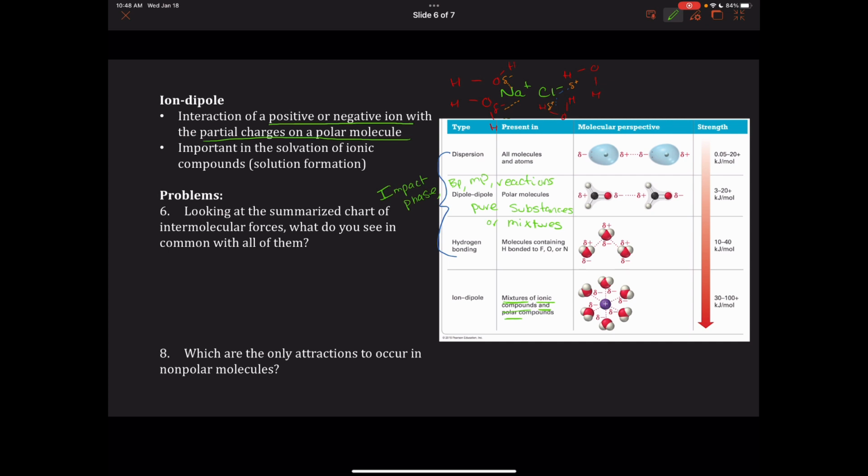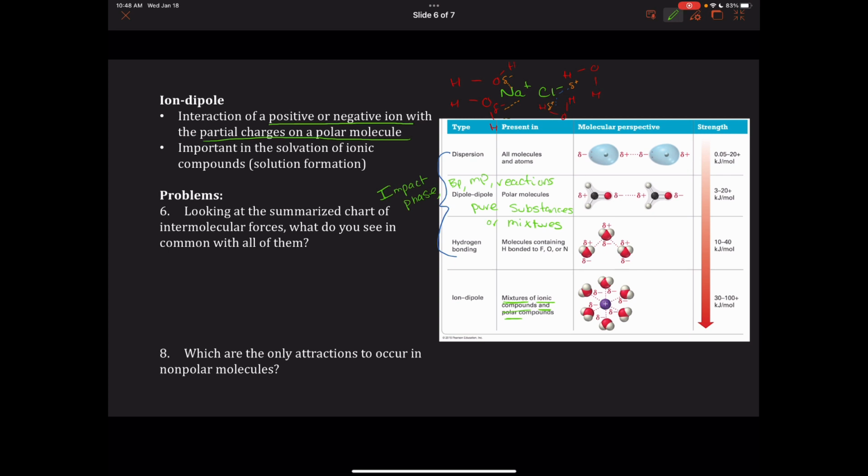So we've got some picture representations. Remember, the dispersion is the attraction of partial charges that are temporary. Dipole, it's the attraction of partial charges that are permanent. Hydrogen bonding, it's the attraction of partial charges. Ion dipole, we have partial charges.